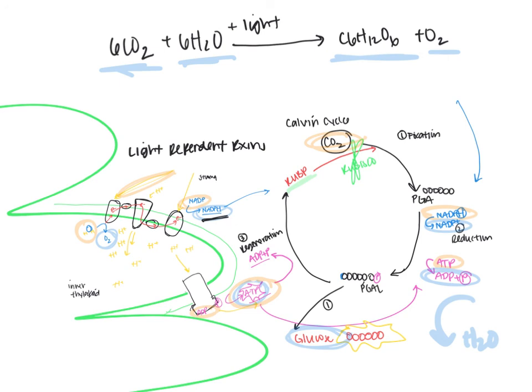As they inhibit different parts, they're able to investigate how we can use herbicides to target different parts of photosynthesis to prevent plants from growing. So I would encourage you to do that. This is an example that could very easily come up on a test or on an FRQ type situation. It really cements your understanding of photosynthesis.